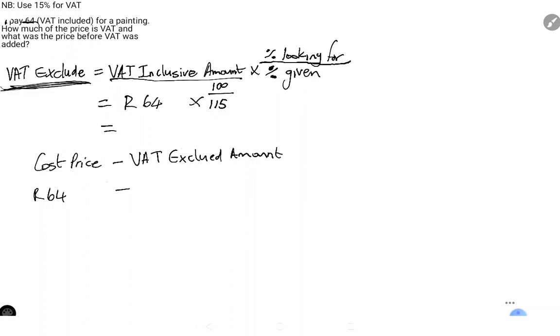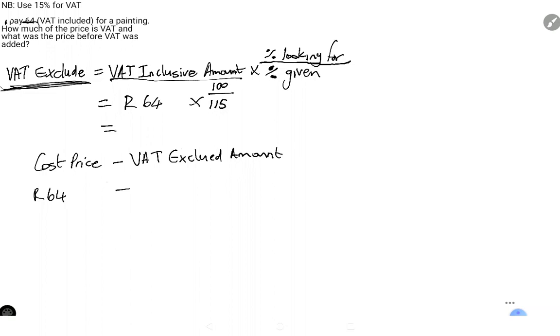So the percentage given is 115, because think about it this way. If you were an entrepreneur and you were selling something, and you said to yourself, I want to make a profit of so much, and then on top of that you realize that you need to add VAT, you're not going to take the VAT out of your profit, you're going to add the VAT on top of the profit.